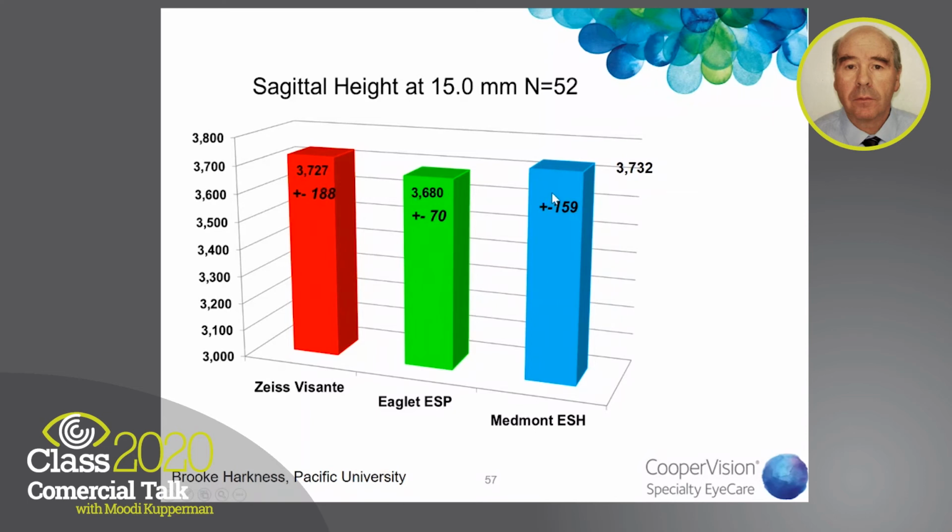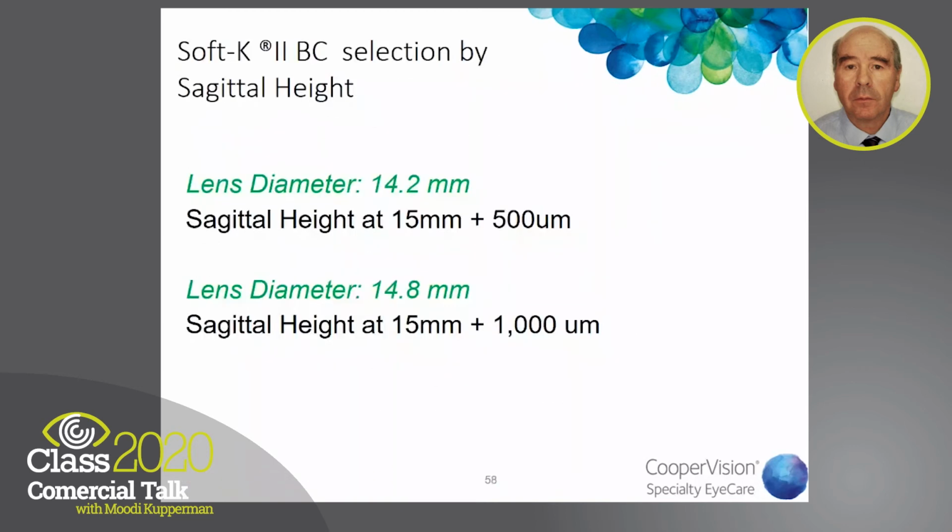So it is about the same measurements for three different machines. So we can rely on these machines to evaluate the SAG of the cornea.